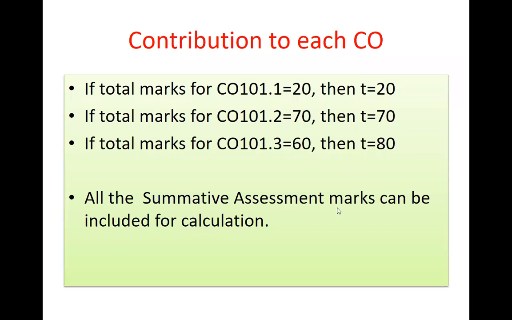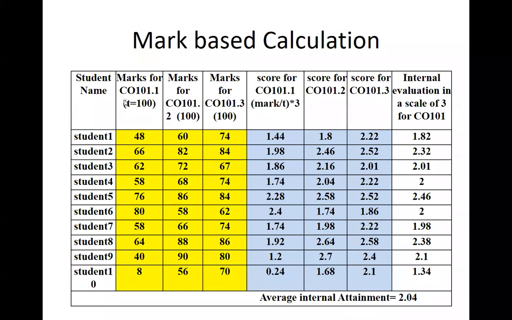Then all the summative assessment marks can be included for the calculation. You can add any number of questions. The value of T can take the value of the marks for each question. Suppose for course outcome 1, my T value is 100. I have tested the students for 100 marks. Course outcome 2 also I have tested for 100 marks.